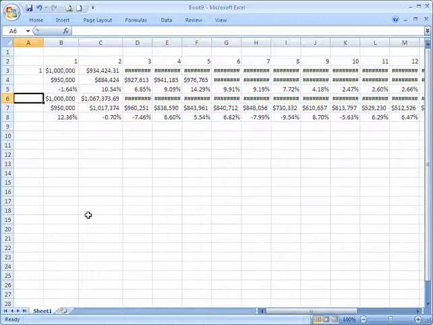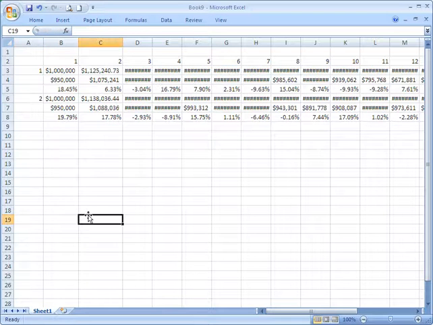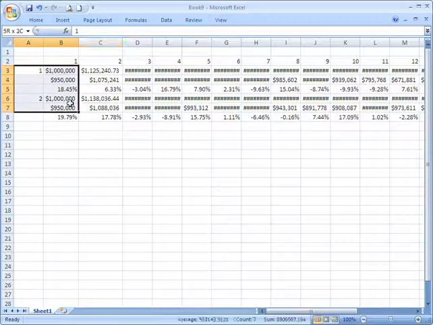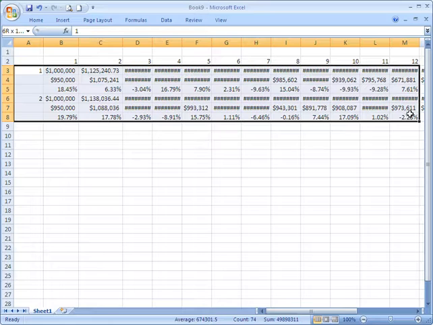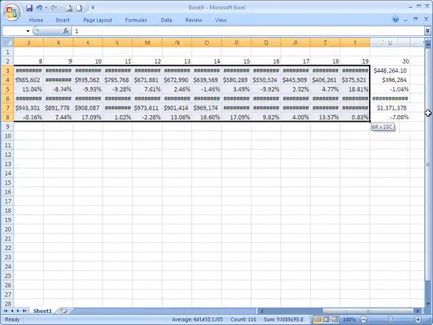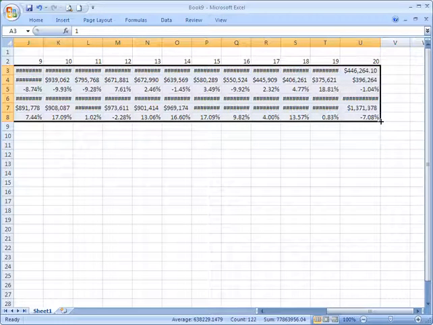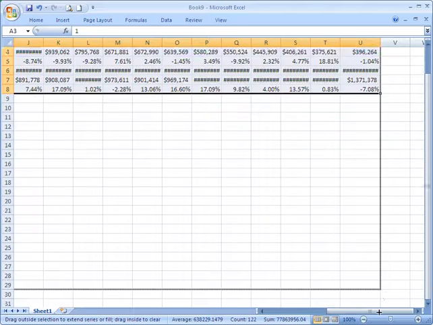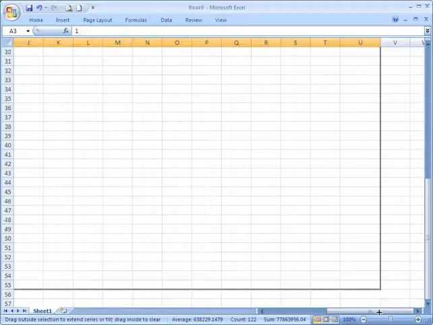Here we have a second scenario of what might happen. And now we can easily create many more just by dragging. I'll drag this all the way down until we've created 100 different scenarios of things that might happen if we invest in the mutual fund.